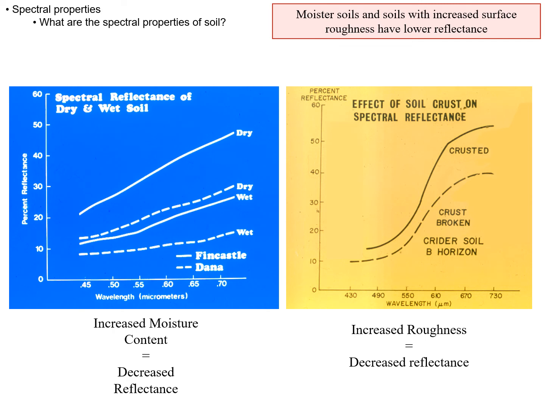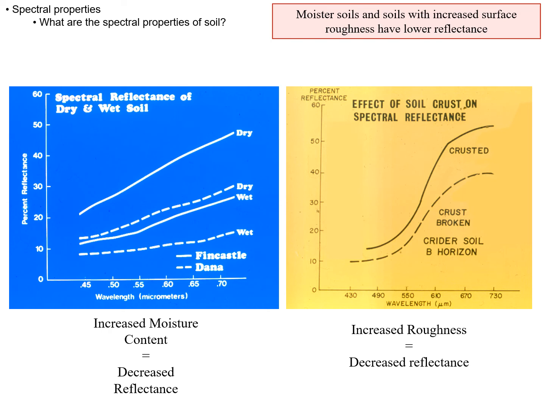Increased moisture content means decreased reflectance, and more prominent water absorption features in the mid-infrared. And finally, increased roughness. Here we're talking about the surface of the soil, whether it's relatively flat or whether, for instance, it's been plowed. So plowed condition, that's crust broken.